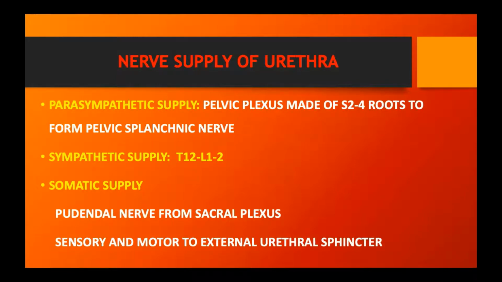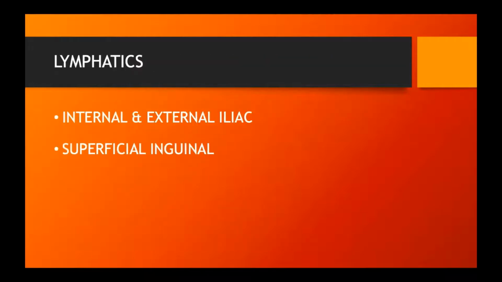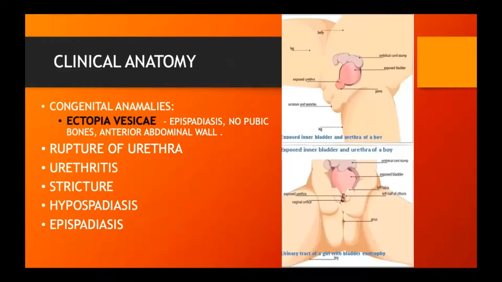The lymphatics is by the internal and external iliac group of lymph nodes, as well as the superficial inguinal group of lymph nodes. Some clinical aspects. Already I mentioned the ectopia vesicae and epispadiasis and hypospadiasis. So these two are very specific to the urinary urethra.